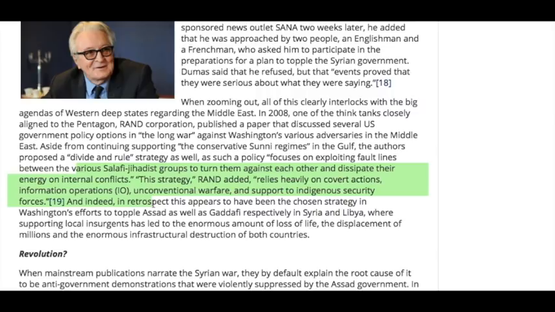So anyway, this guy's article goes on, which is pretty good, and it basically just says that years and years of sustained Western information warfare operations were not successful in toppling Assad. It wasn't successful because like 90% of the population was in favor of Assad, and all the fake news and agitprop just wasn't working.